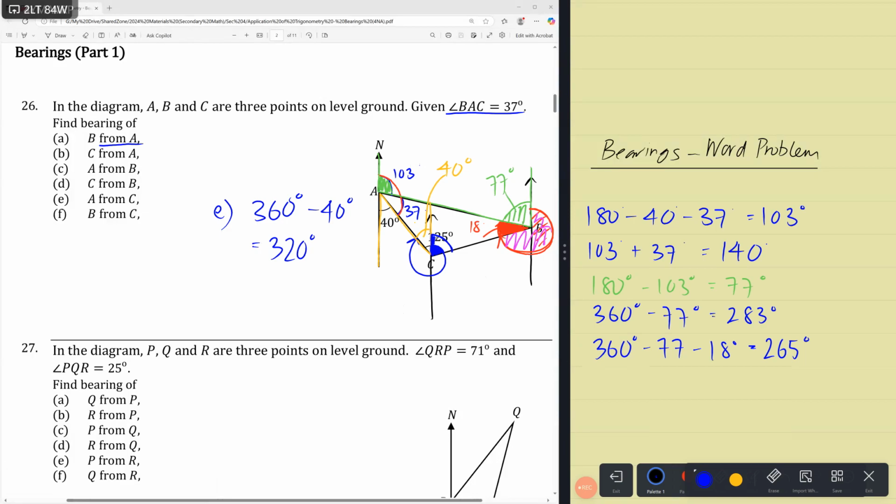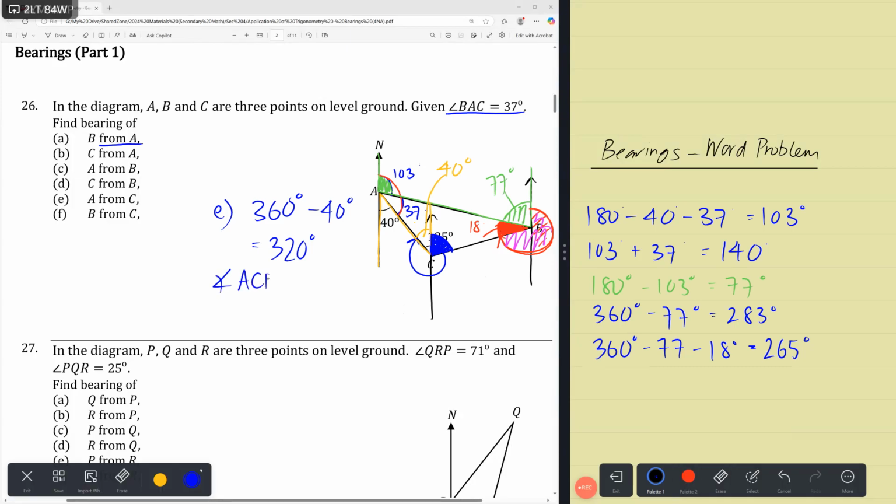So the whole angle, angle ACB, is equal to 125 degrees, which is blocked by my drawing, and the small portion here is 40 degrees, correct? So therefore, the bearing of B from C is simply the difference in the values, which is 125 degrees minus 40 degrees equals 85 degrees.